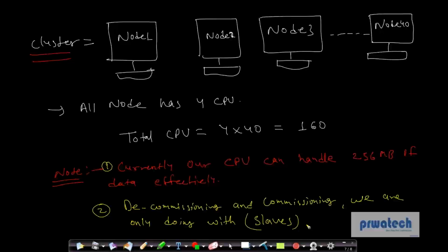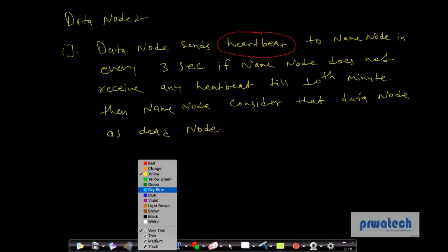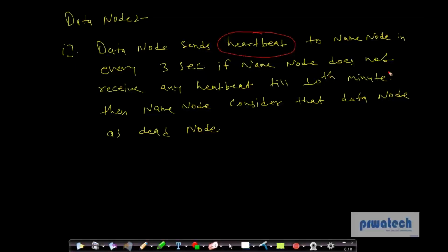And why we are doing this only with slaves, I will answer tomorrow, guys. So one point to check with a data node: it is in continuous talk with the name node every 3 seconds. If they are unable to communicate till the given time, then name node will decommission it. And what decommissioning and commissioning are, and how we do them in detail, we'll see tomorrow.